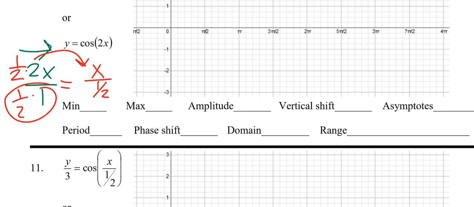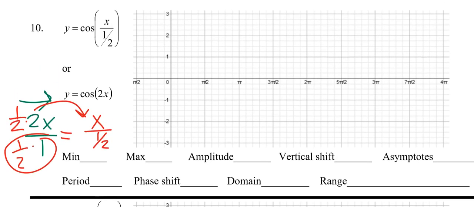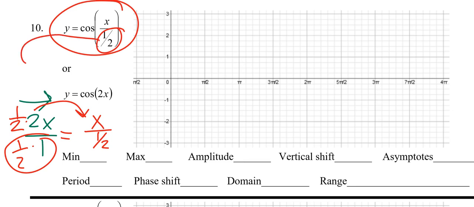Okay, now, that's how we got this fireproof form. You have to be able to do that so that you can realize what's going on with the horizontal. Shrink or stretch? Shrink. By what? 1/2.